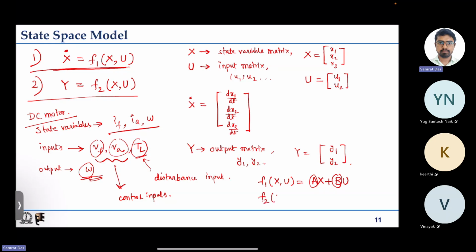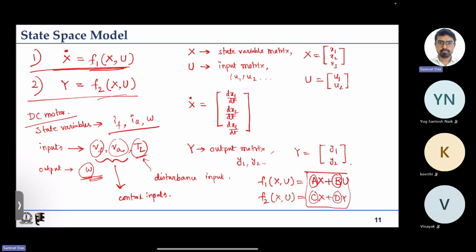Similarly f2 of x and u, for some cases, can be written in the form C into x plus D into u, where C and D are again matrices. So for all cases it may not be possible to write these functions in this form, but for some cases it is possible.